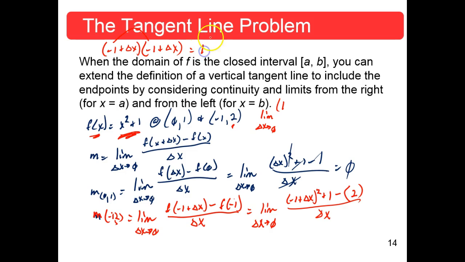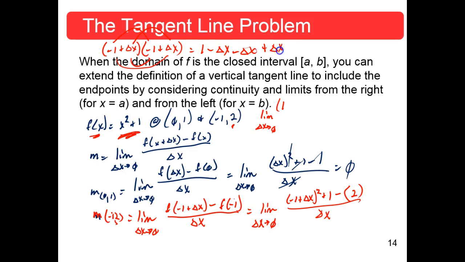Okay, FOIL it, and you get a 1, and then you get minus delta x, and then you get another minus delta x, and then finally you get a plus delta x squared.